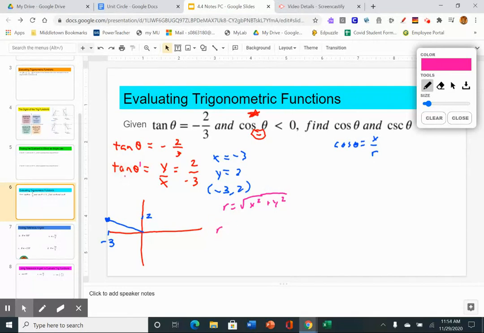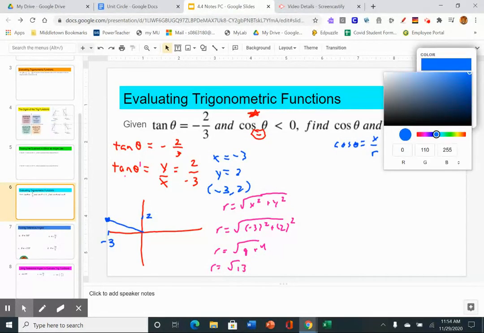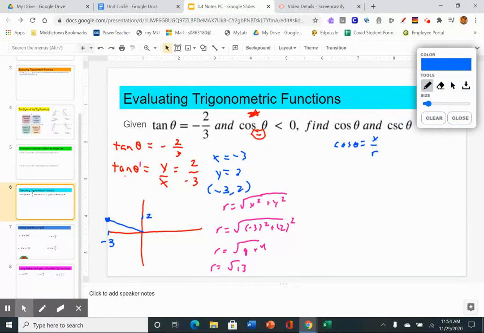So r equals the square root of negative 3 squared plus 2 squared. R equals the square root of 9 plus 4. R equals root 13. So now I come back over here to my cosine, x over r.